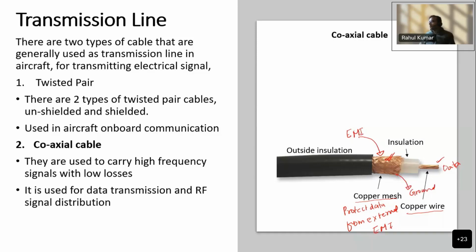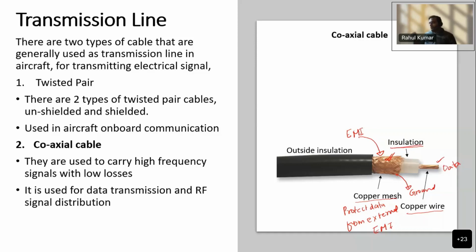Okay, so any interfering current is then grounded. This copper mesh and your copper wire are separated by an insulation.